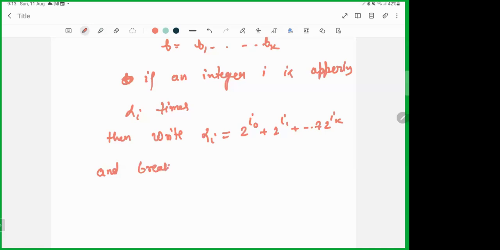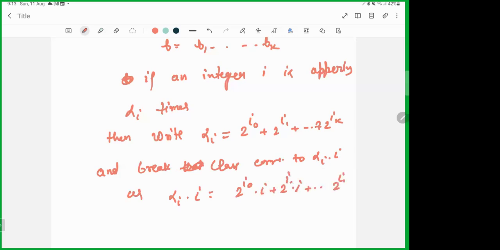So break the class corresponding to alpha i times i, as alpha i times i equals 2 to the power i0 times i plus 2 to the power i1 times i plus, and so on, ik times i.